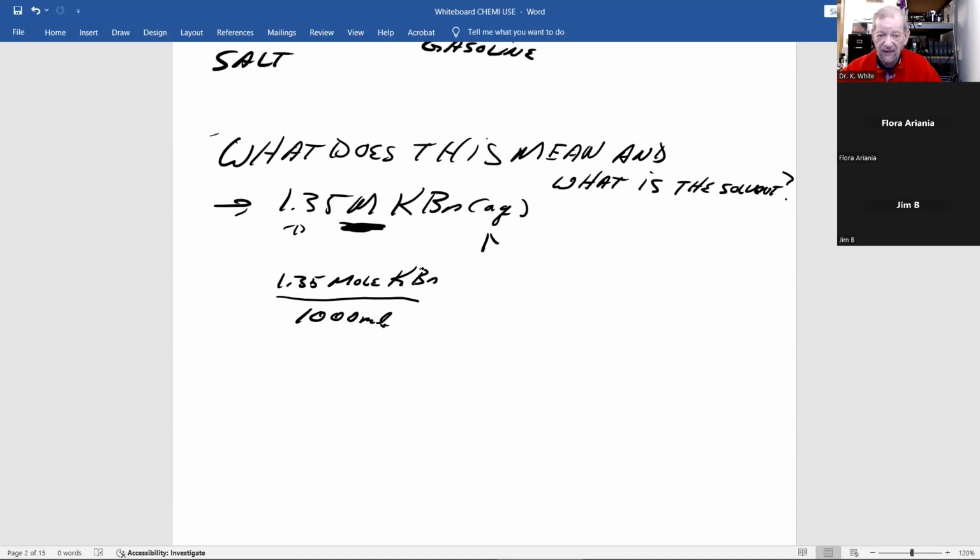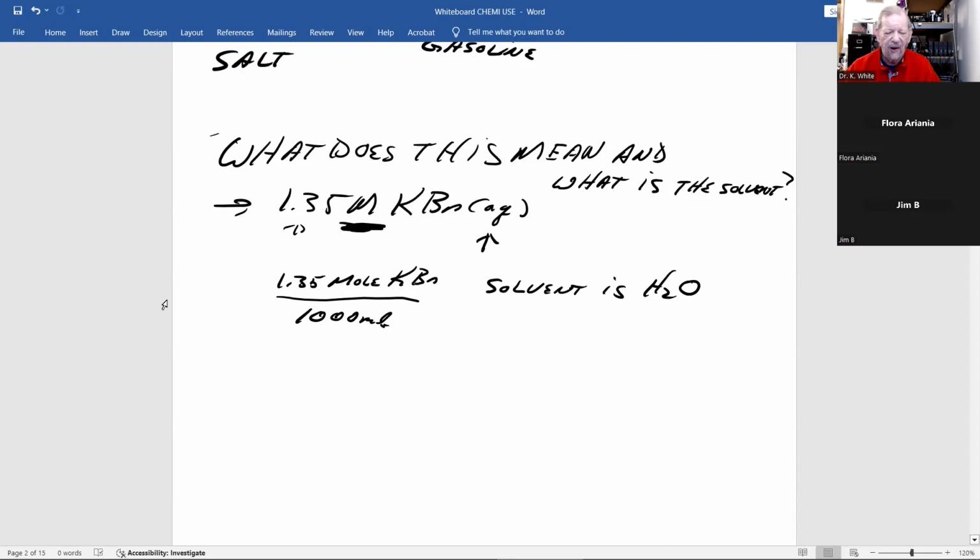Remember, I just mentioned bracket AQ, close bracket means aqueous, and that means the solvent is water, H2O.